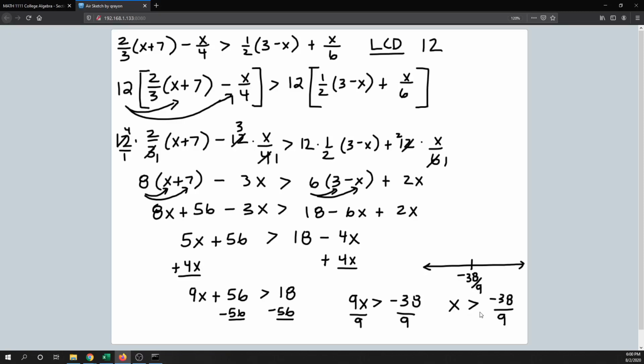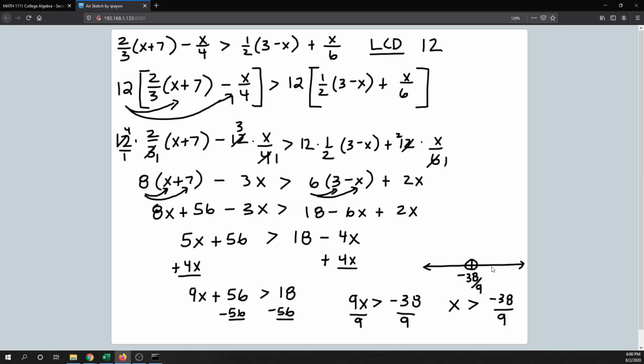Because there's no or equal to here, right, if I plug negative 38 ninths in for x, I would get negative 38 ninths is greater than negative 38 ninths, which is false, right? And so that means that negative 38 ninths is not a solution to this inequality.